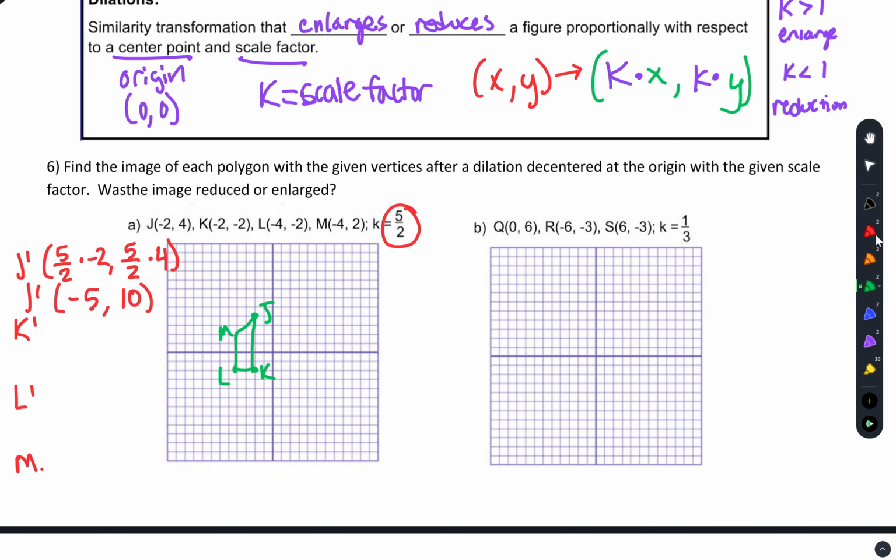So now I'm going to take J prime and put it at -5, 10. And I will repeat for all my other values.